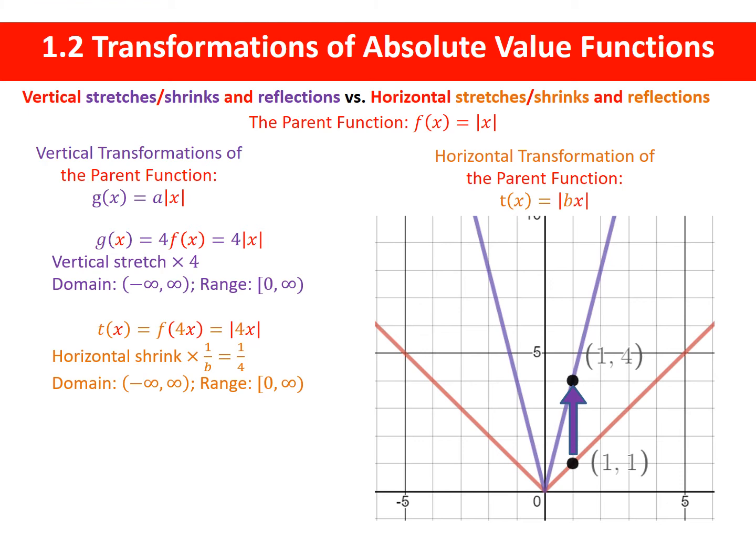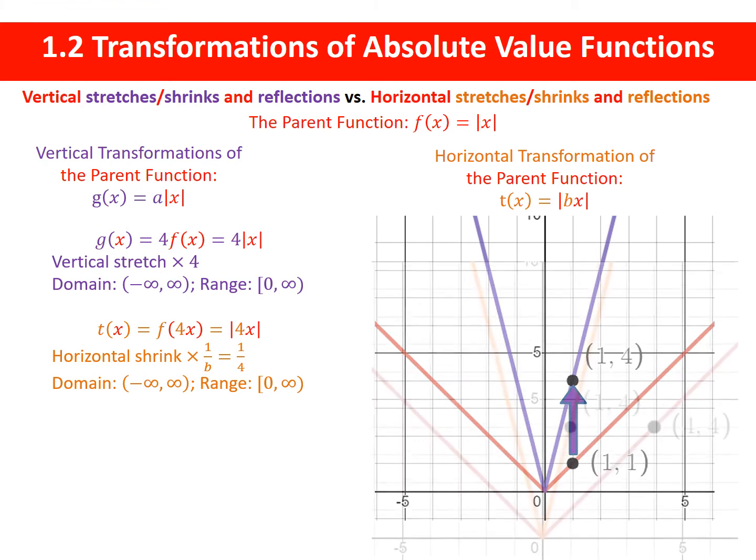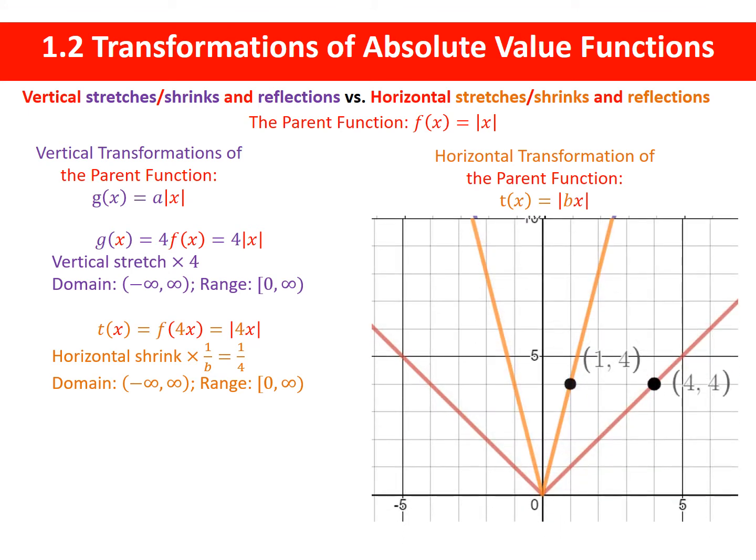The domain is still the same. When we graph this, it looks the same, except we went from (4, 4) to (1, 4). The purple and orange graphs were mapped on top of one another, but they came from different perspectives.